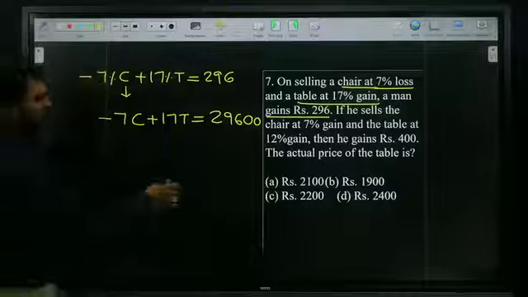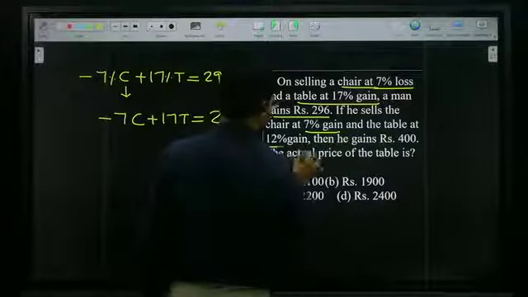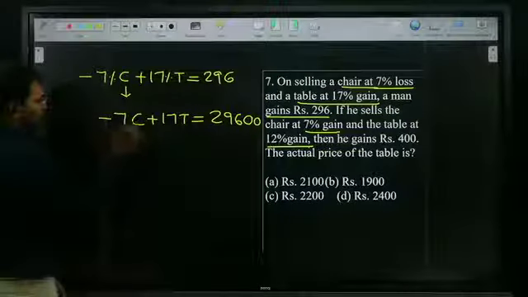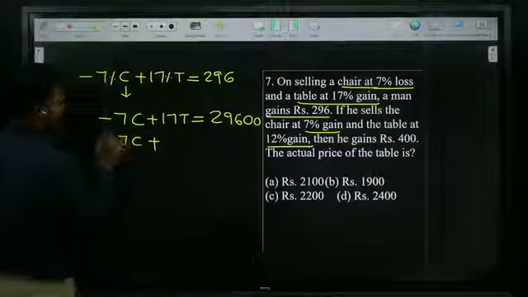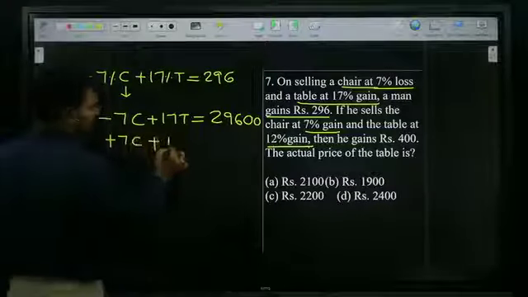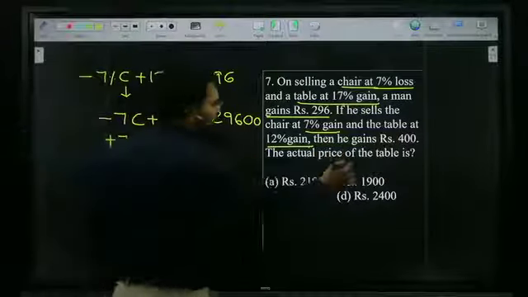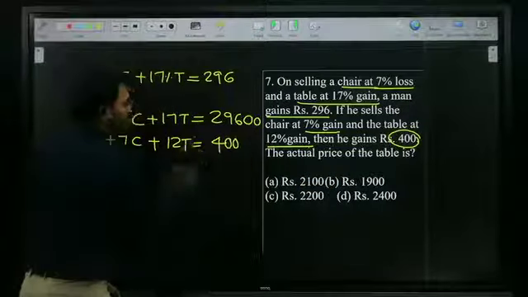Similarly, what is the second statement given, Amma? 7% gain on the chair, 17% gain on the table, 12% profit. Look at me, andi. 7% gain plus 12% gain on the table is equal to how much, andi? 400 profit. Here also, look at me, Amma.